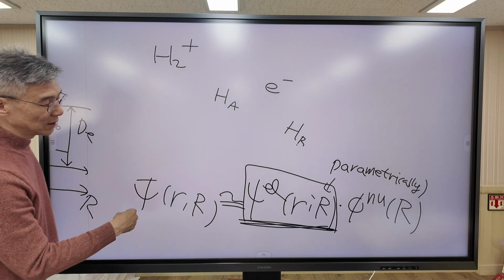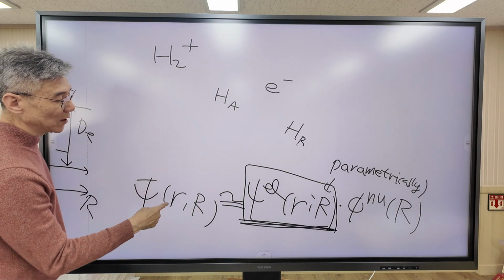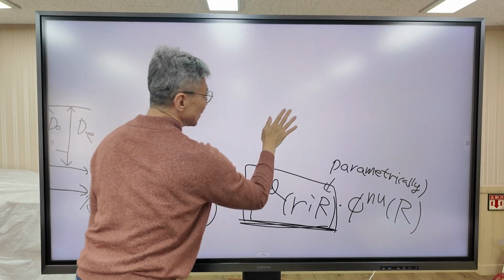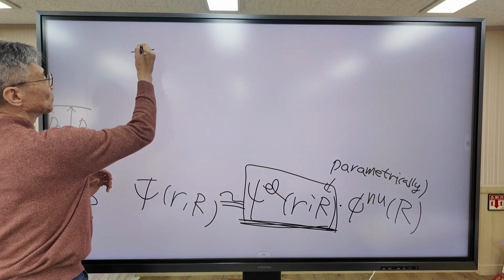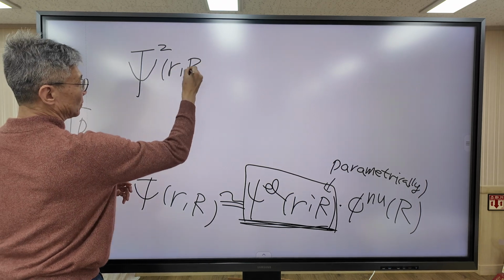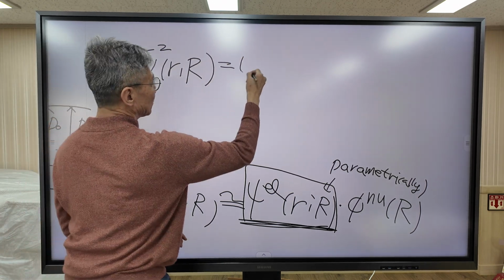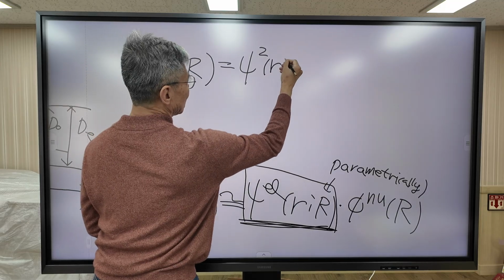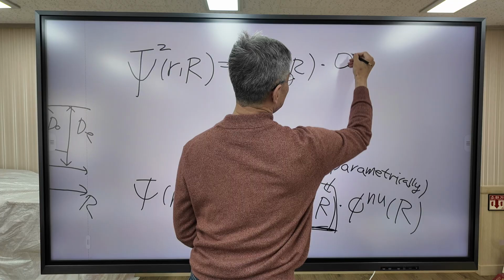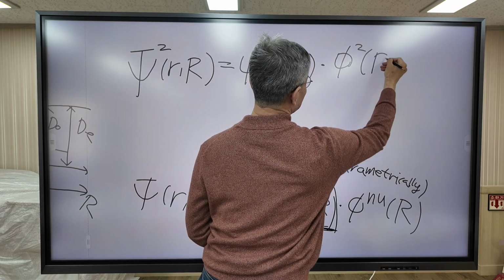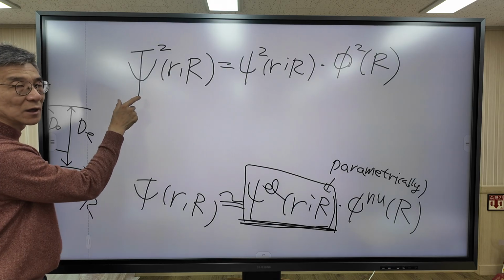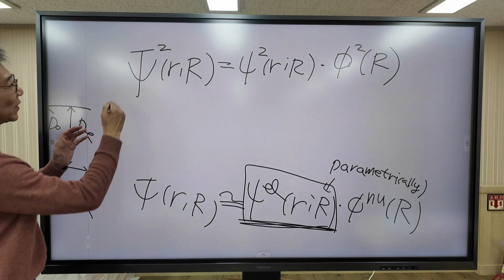To understand the physical meaning of this formula, I'll take the square of this wave function. As you know, when the wave function is squared, it gives a probability. What's the meaning of this one?